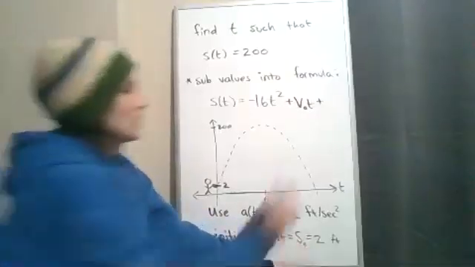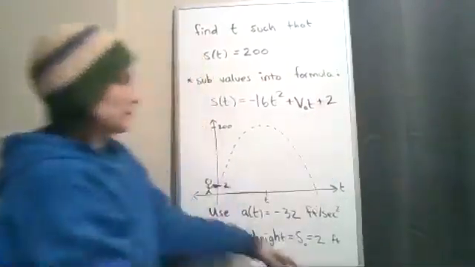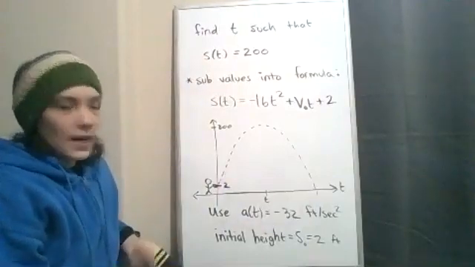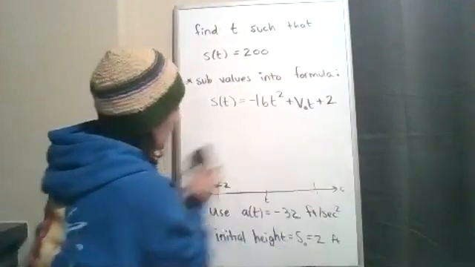It's 2. We're going to figure out V naught.